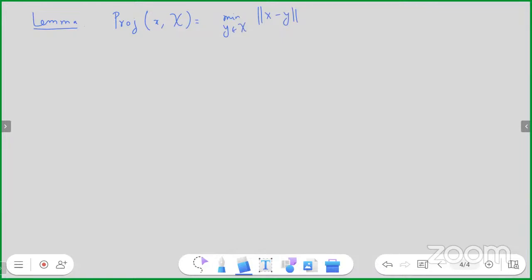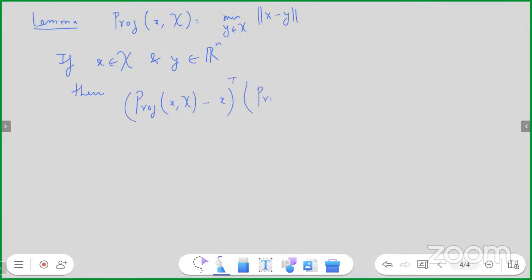So the lemma is that if x belongs to chi and y belongs to R^n, then the inner product of projection of x onto chi minus x, transpose, with projection of y onto chi minus y.